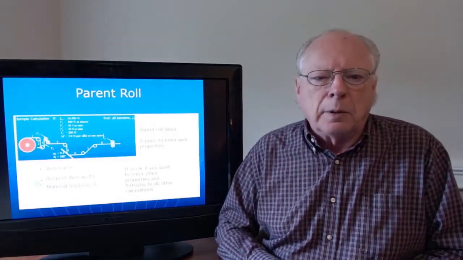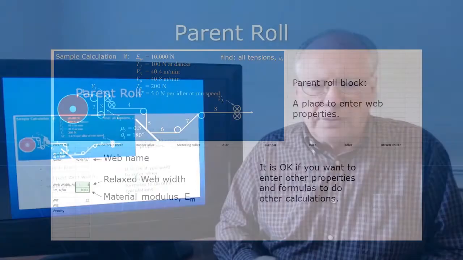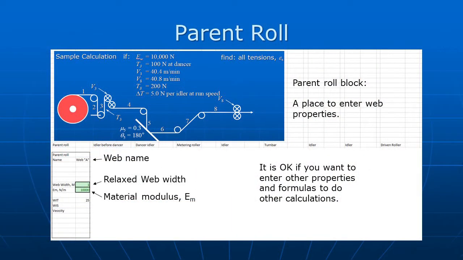So, the first block in our model is the parent roll block. It's basically a place to enter things like modulus, width, the web name for this type of material, and any other data that you might want to pass from block to block in your model. You can put other things in here if you want to be able to do other calculations.